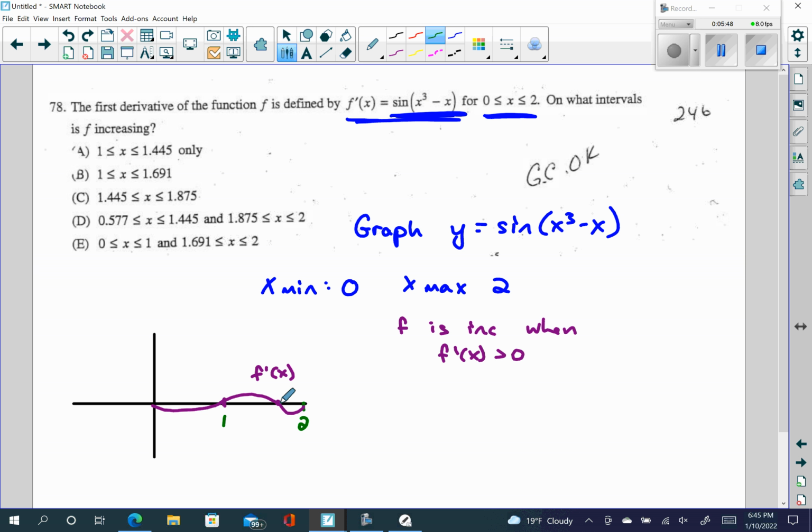Then do the same thing here, go to menu 6.1 and just go to the left of this x value right here and then just to the right of it. And this should give you an x value of 1.69063. So f is increasing when our derivative is greater than 0, and that happens between 1 and 1.691. So that was B.